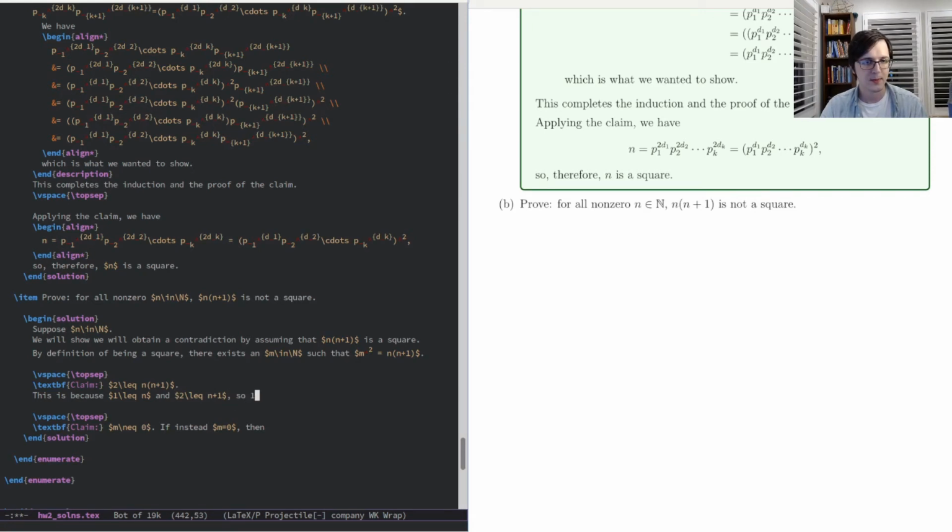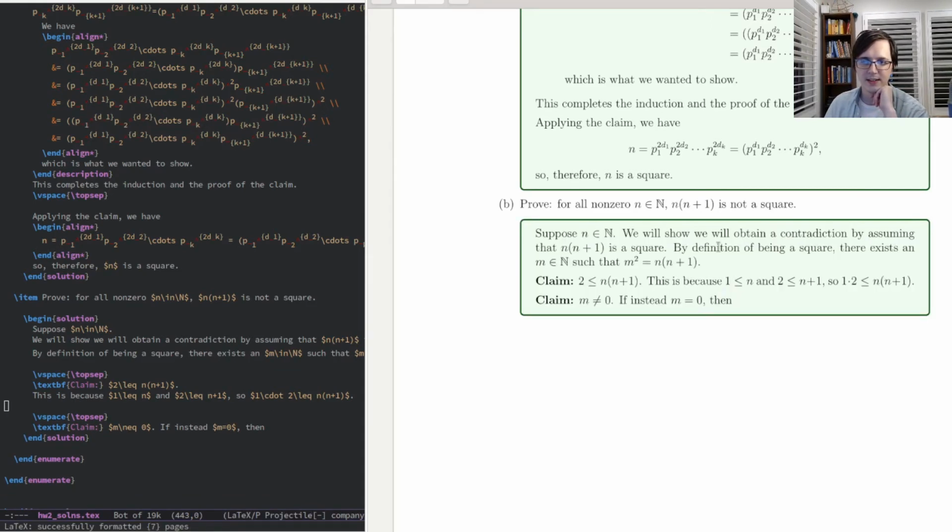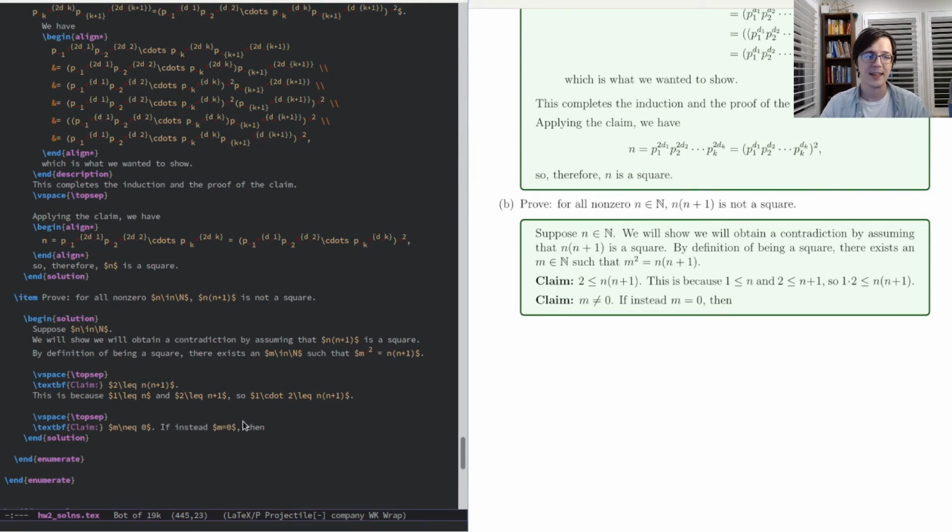So we can multiply these. Oops, that should be a C dot. Let's see how this is looking so far. Okay, so what else do I want? I really think I want m is not 0 or 1. I want that to be true for m squared.